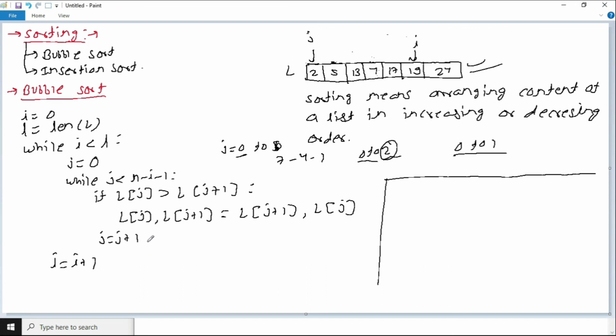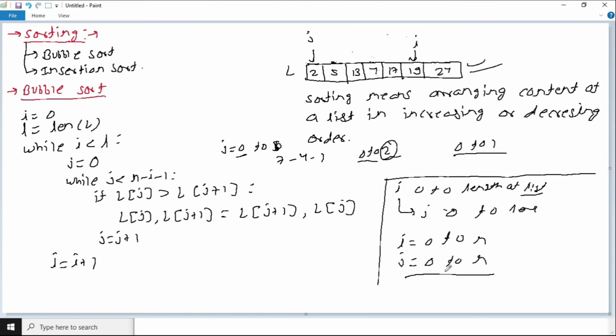But if you want to say something which is always true, then you can assume that i will go from 0 to the length of the list, and for every value of i, j will start from 0 and go to the length of the list. So i goes from 0 to n, and for every value of i, j goes from 0 to n.